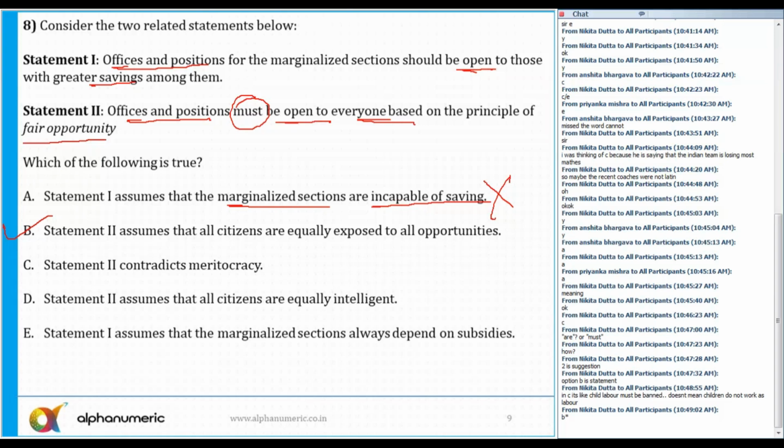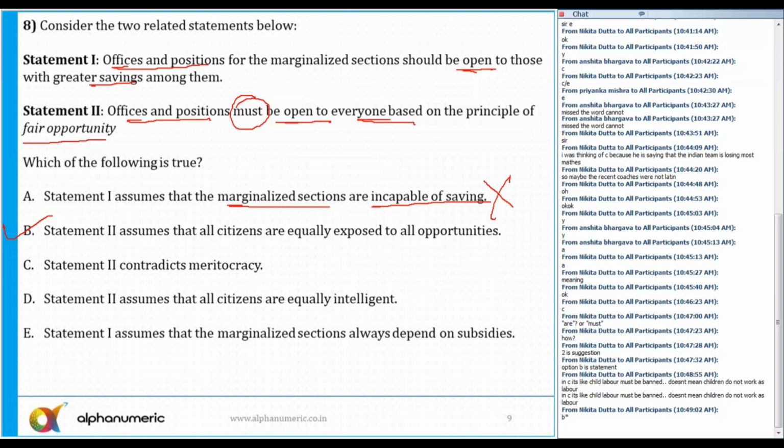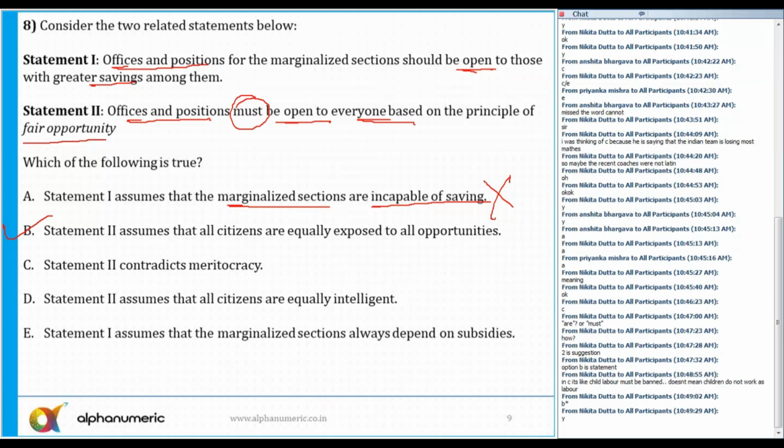If I'm asking for child labor to be banned, then I'm assuming the existence of child labor, isn't it? Yes or no? Only then I'm saying child labor must be banned. So same logic. If I'm saying that you need to open offices and positions for everyone, that means you are assuming that everybody has access to these offices and positions. So simple.